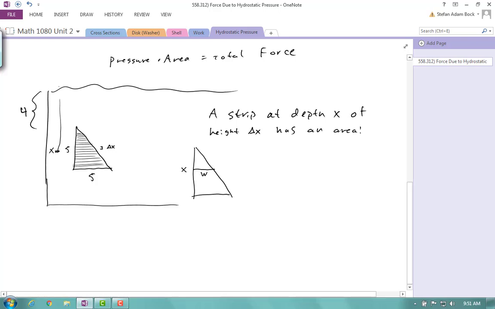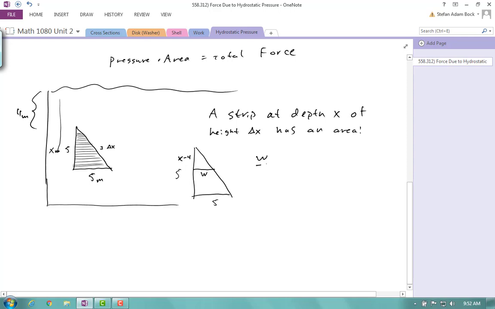So if I'm at a depth of x, well, 4 of that is not a part of the triangle. So instead of having an x right here, I technically have x minus 4. That's how much of that distance is actually applied to the triangle, because 4 meters of that are above. But the total side lengths are still 5. So I have proportions.